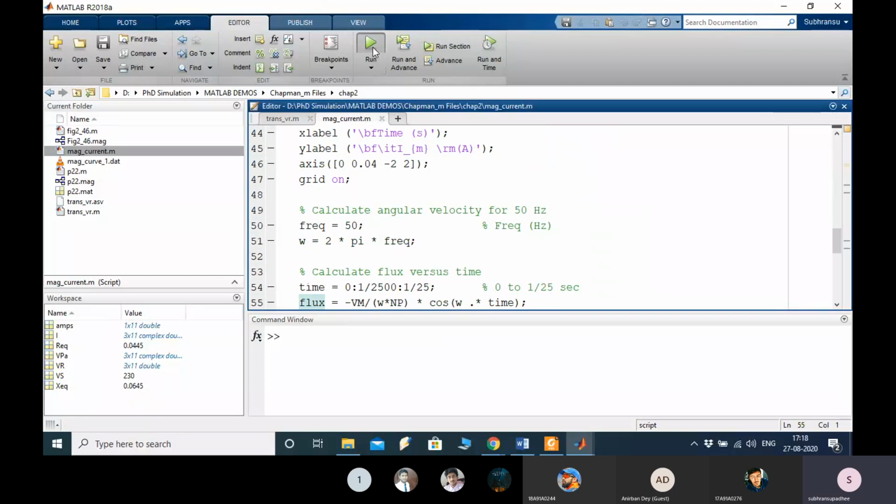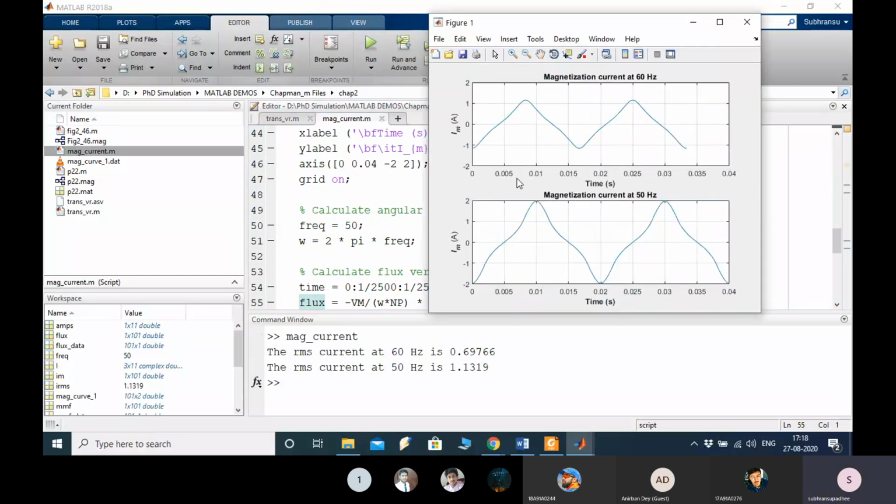Let's run it and check it out. Then you can understand it. Here, the magnetizing current at 50 Hz. As you can see, these are the non-linear magnetizing current.